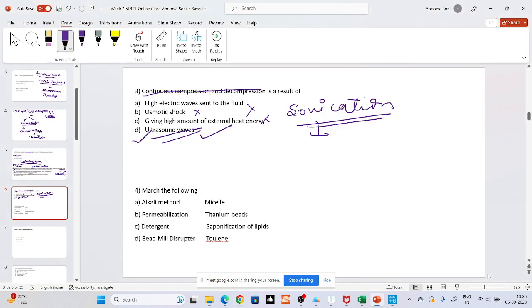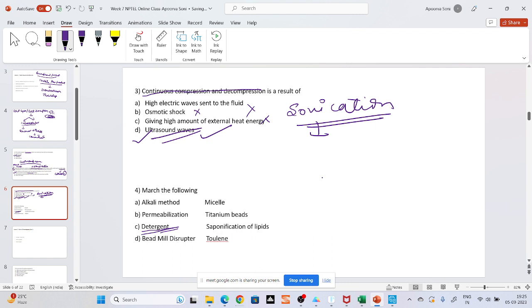Try to solve this. Alkali method, what does the alkali method do? Anything that you can give? Detergents you have studied. What do detergents do?